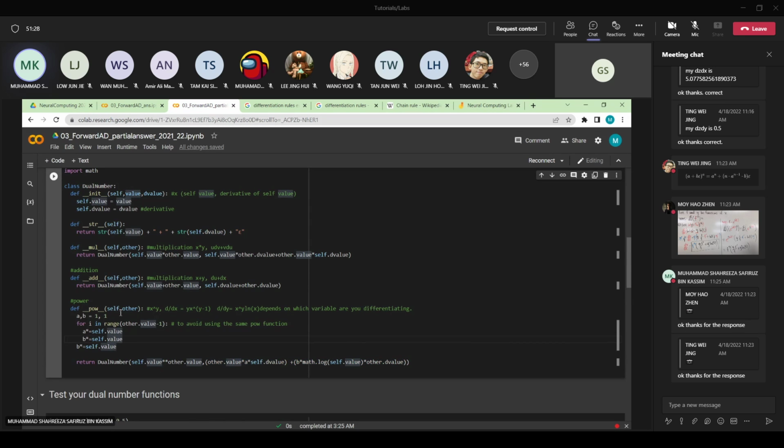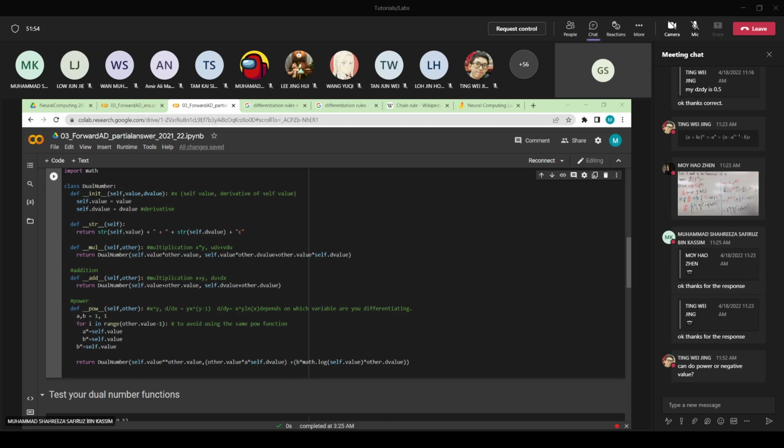This way of doing the power methods has its limitation. Can anybody guess what its limitations are? At least one limitation. Yes, it's correct. Can we do power to a negative value?